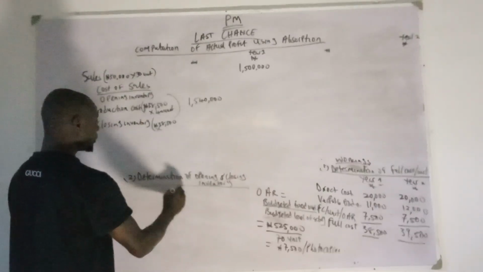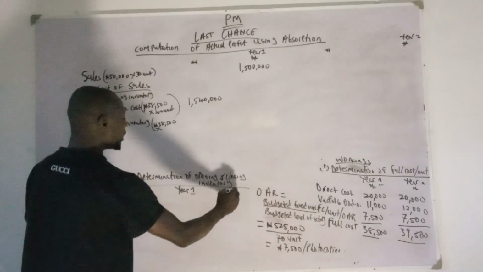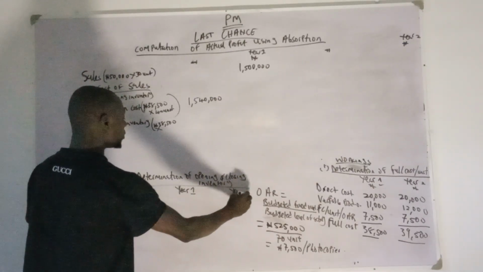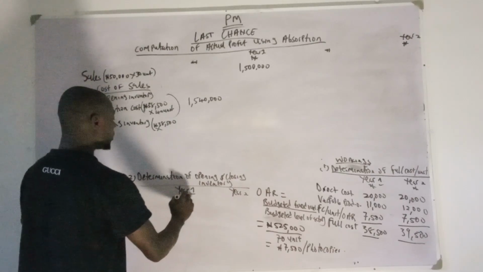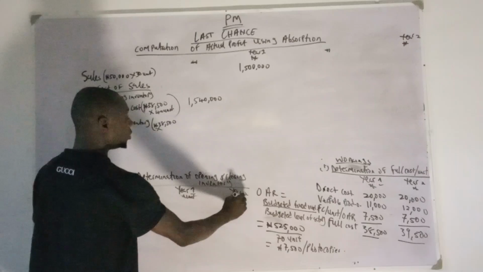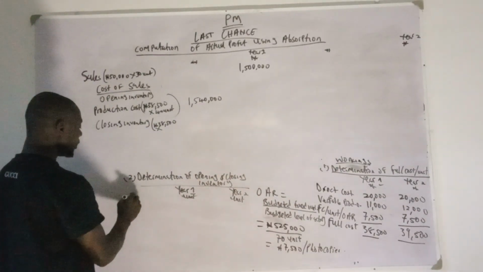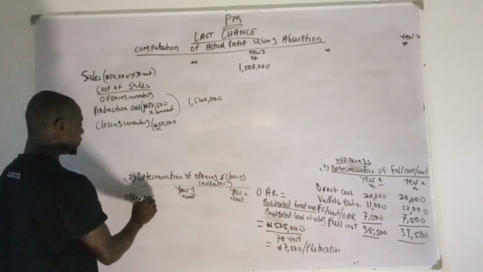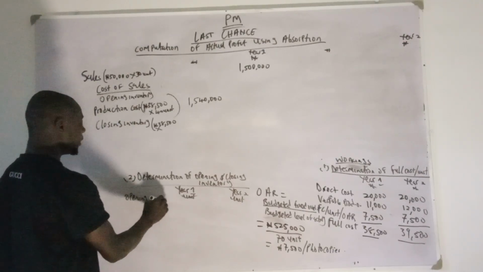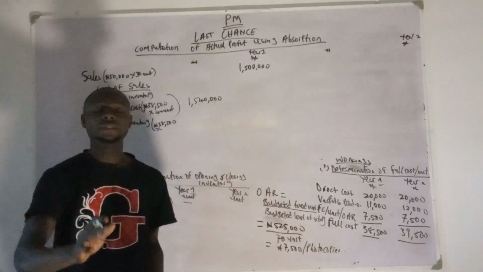So year one and year 2, right? Inventory is always in units. In units, right? Now, opening inventory, this will be nil because there was no opening inventory in year one.